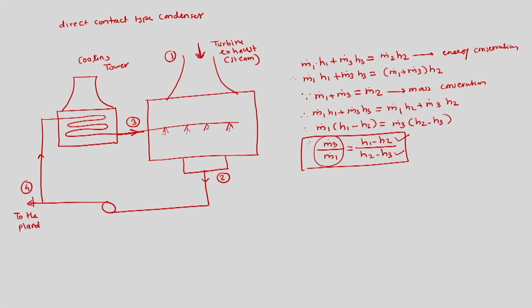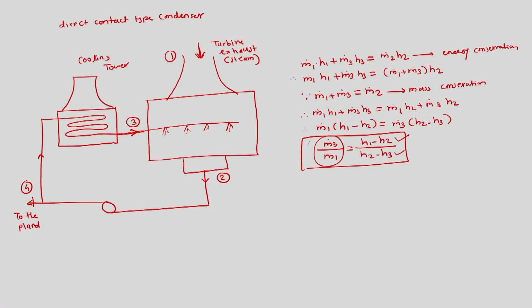Now this is a direct contact type condenser. Next we can have, in a similar way, one more condenser, again of direct contact type, which is called the barometric condenser.